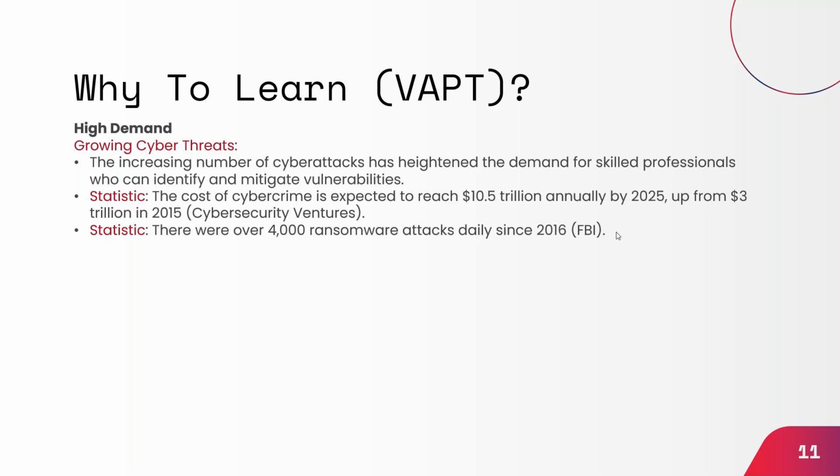Because even if you use automated tools to perform scans on a web application, do you think the tool is mature enough to identify business logic issues, or issues related to access controls or session management? No. So manual testing is where there is a demand in this particular domain.